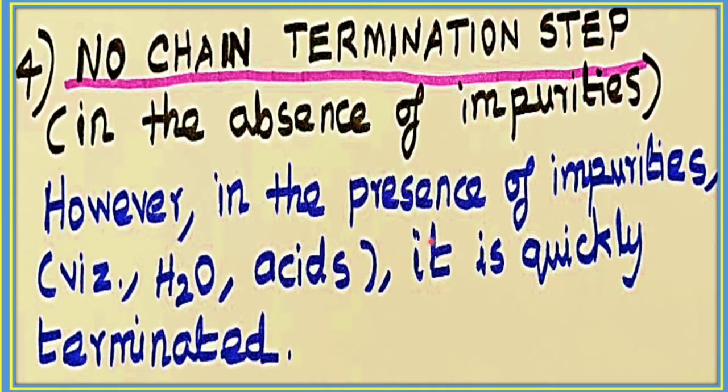However, in the presence of impurities such as water or acids, the anionic addition polymerization is quickly terminated. That is by combination of H plus with R minus to give RH. Thus, the chain is terminated in the presence of impurities.